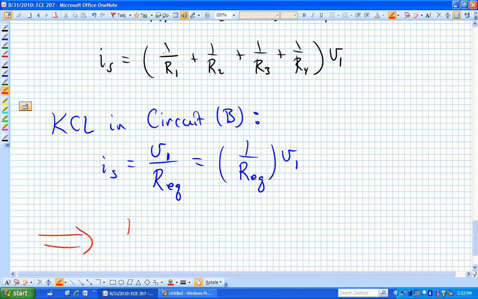We now know that 1 over the equivalent resistor is just the sum of the reciprocals of all of the resistors that are connected in parallel.